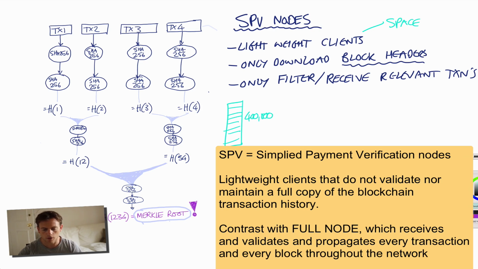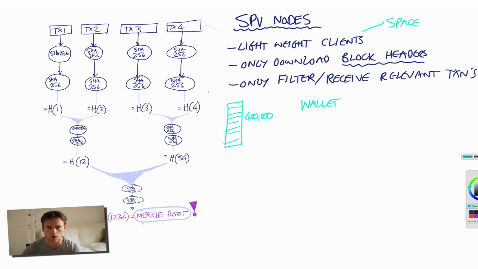So an SPV node, what that does is let's take an example of a Bitcoin wallet application on an iPhone. With this application, we're not going to download the entire Bitcoin blockchain.